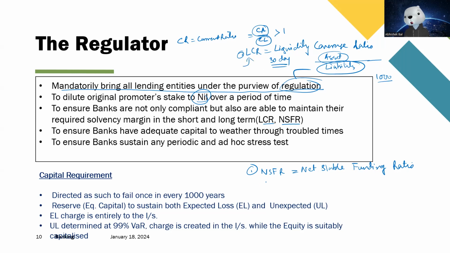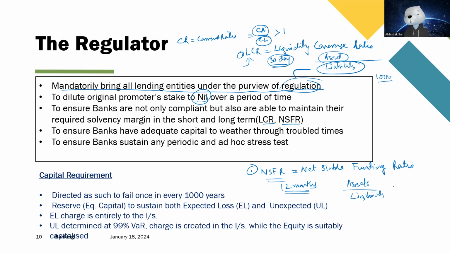On the other hand, the net stable funding ratio, if I were to give you a very rough idea, is nothing but a bigger version of the liquidity coverage ratio itself. Remember, we talked about the liquidity coverage ratio being for 30 days. Well, the NSFR is for 12 months. So in a nutshell, you would want to see that your assets on your balance sheet are good enough to see you through the next 1 year.